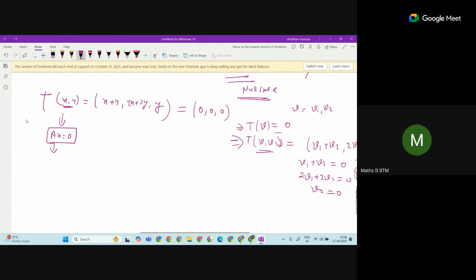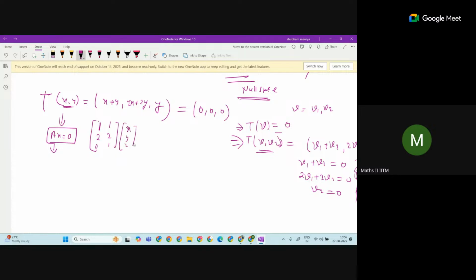If you find the matrix representation of it, it is going to be rows 1 1, 2 2, and 0 1.